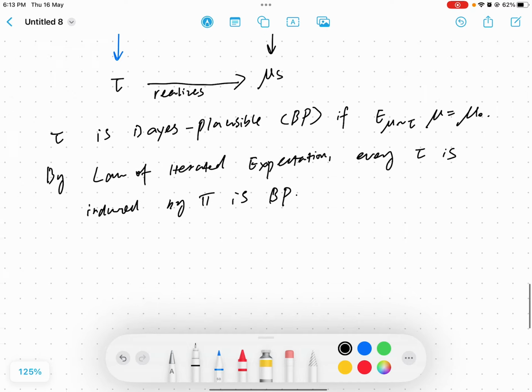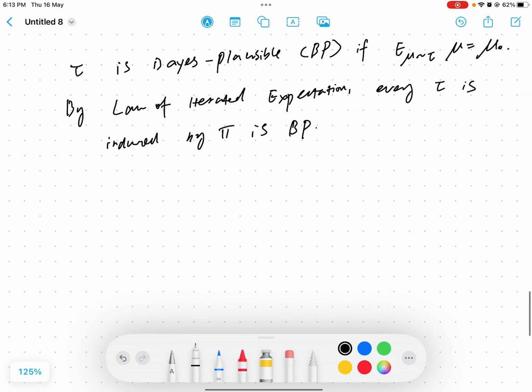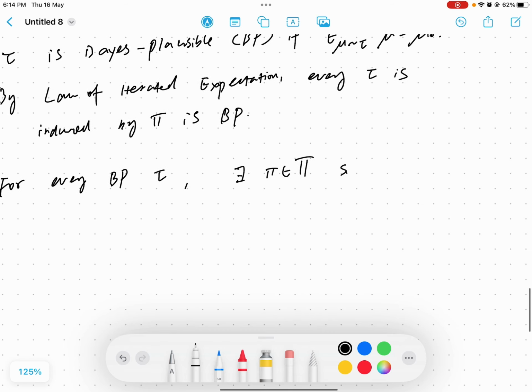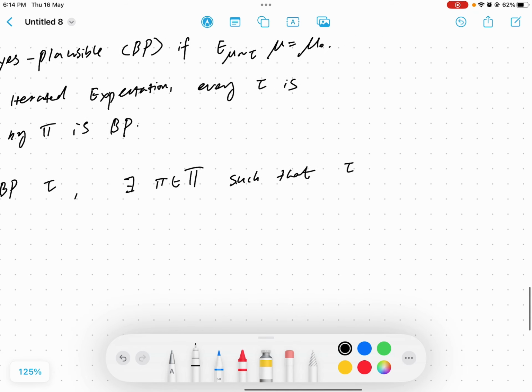Good. Also, for every Bayes plausible tau, on the other hand, there exists a pi such that this tau is induced by this pi, okay.